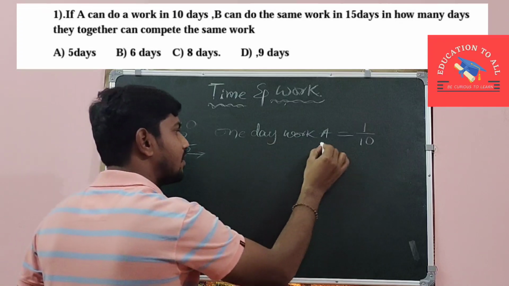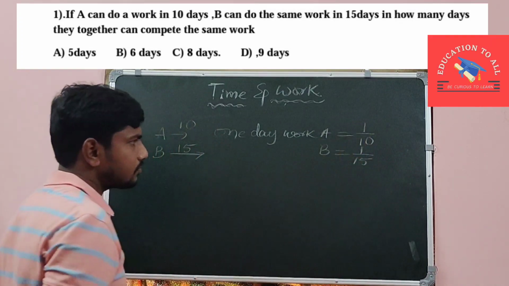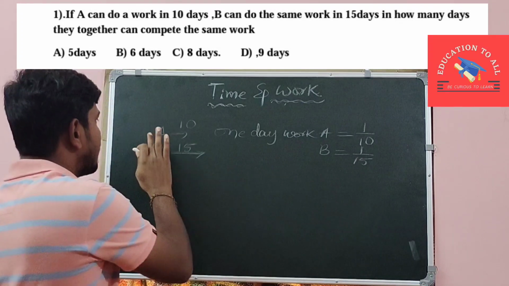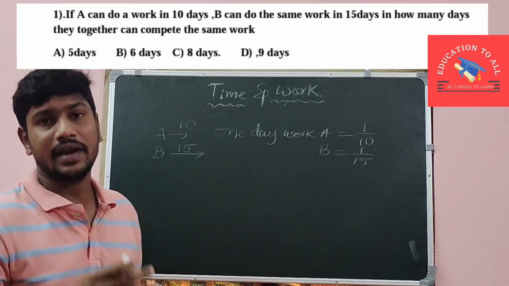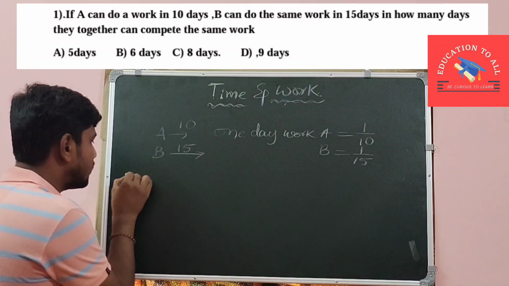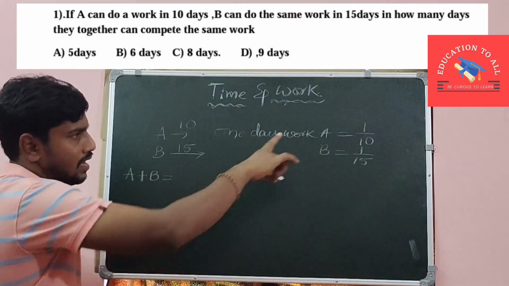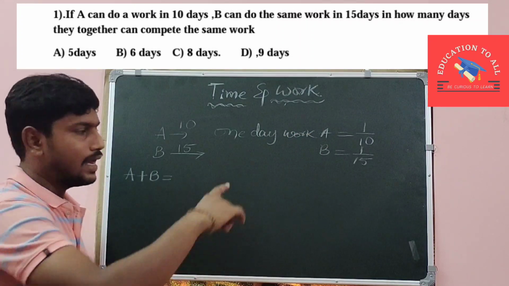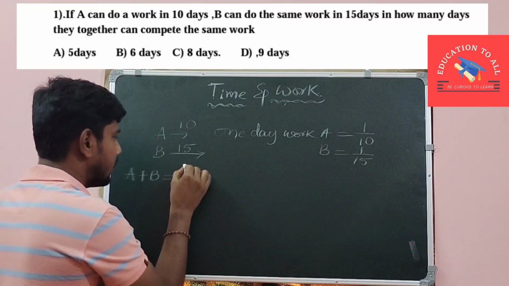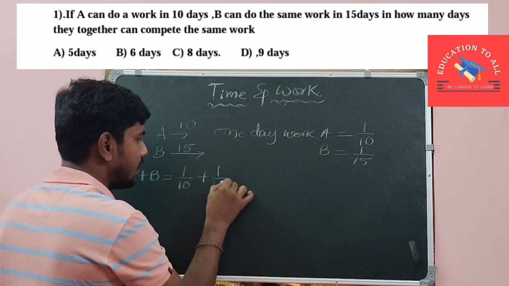Similarly, the 1 day work of B will be 1 by 15. Our required answer is in how many days A and B together will complete the same work. Together means addition. So A plus B will be 1 by 10 plus 1 by 15.